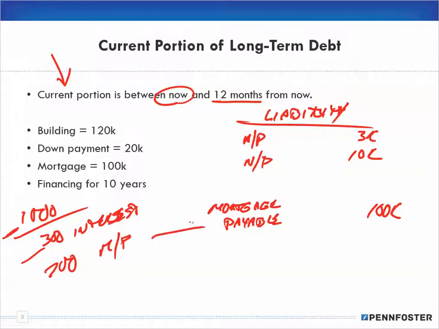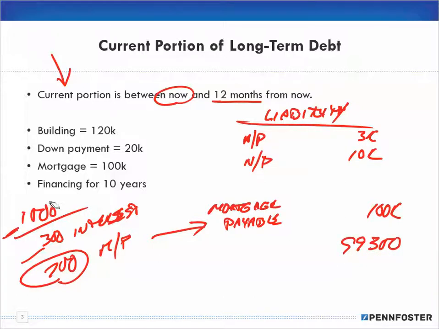That reduces my mortgage payable by that amount. So after that first payment of $700, I'd have $99,300 in my mortgage payable account.